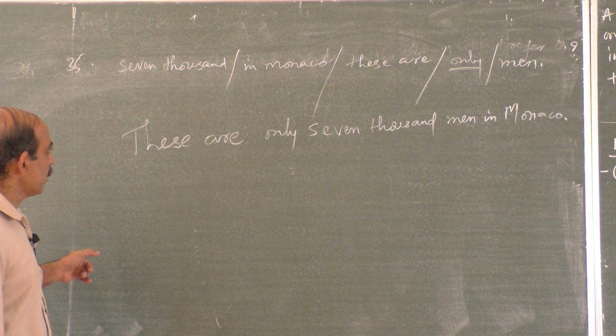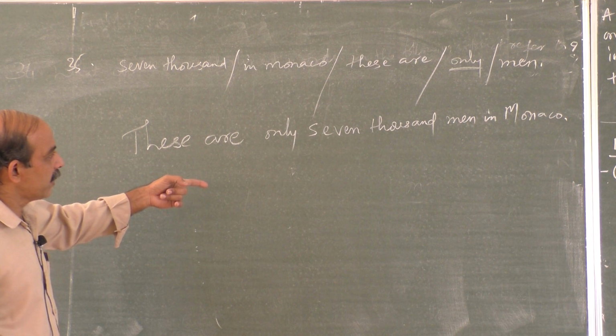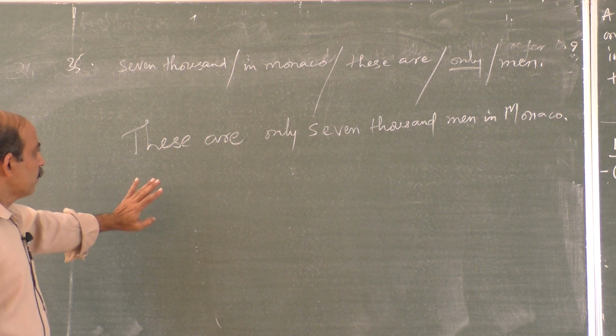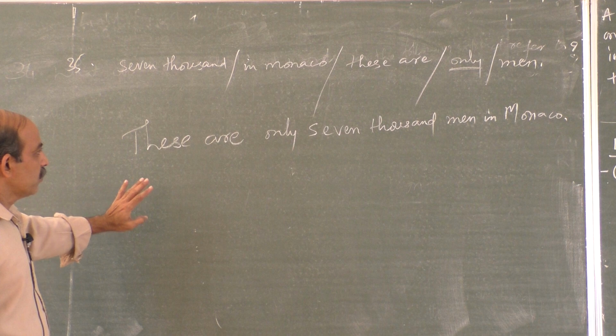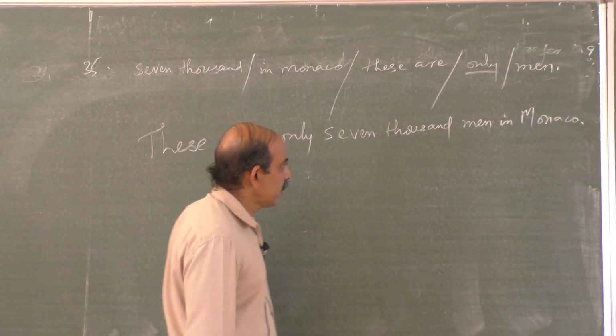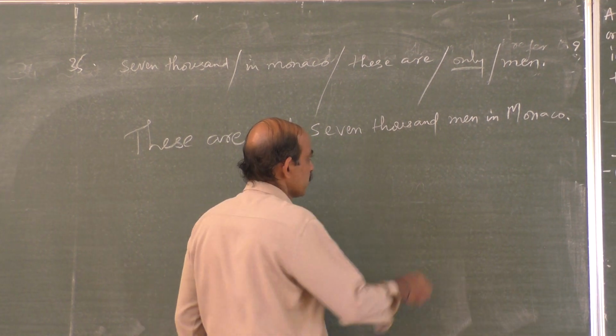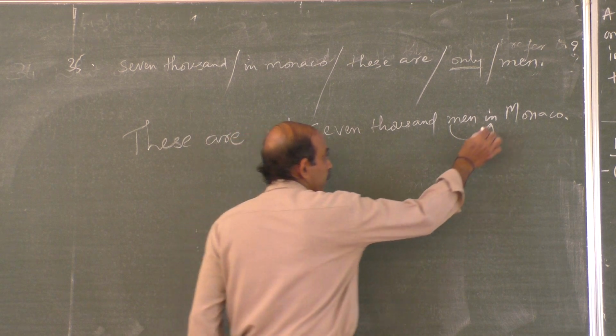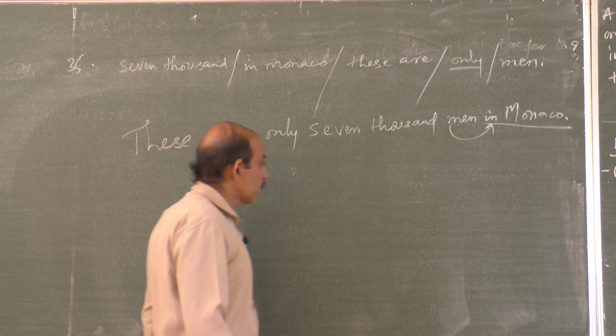In Monaco, these are only 7,000 men. If you write this, once again it becomes wrong, because the sentence doesn't give a proper meaning. So these are only 7,000 men in Monaco, because where the 7,000 men are has been explained here, in Monaco.